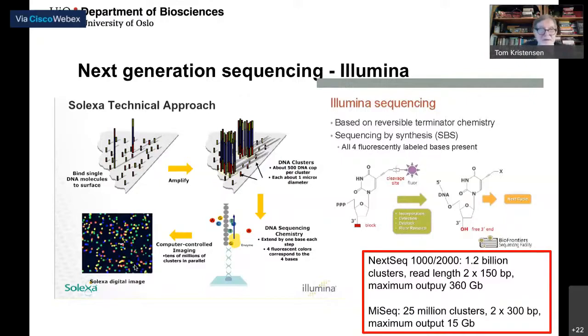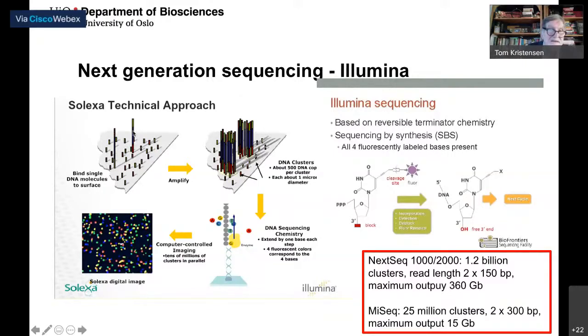The principle behind this technology was: you take your genome, you fragment it, preferably using mechanical stress or whatever, into fragments of suitable size. And these fragments you bind to a surface. The long ones here are fragments which have been bound, and the shorter ones here are simply oligonucleotides, which we use to capture these longer fragments.